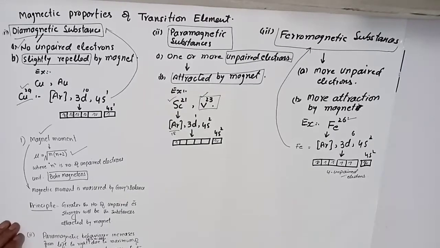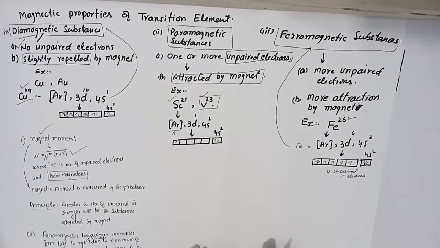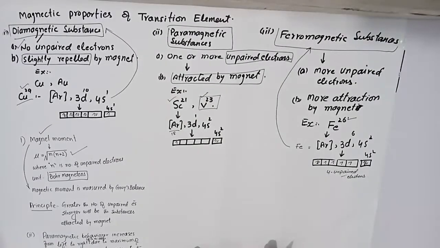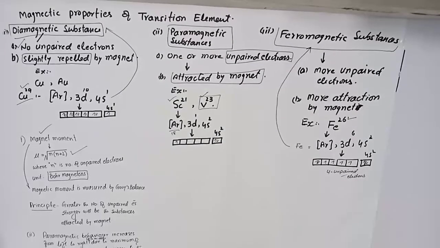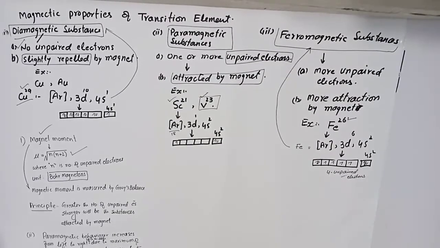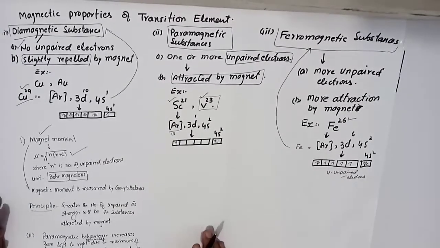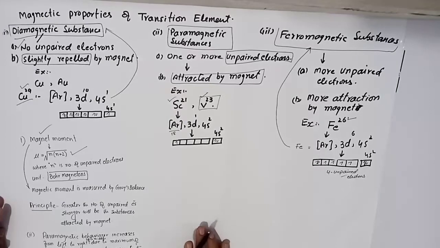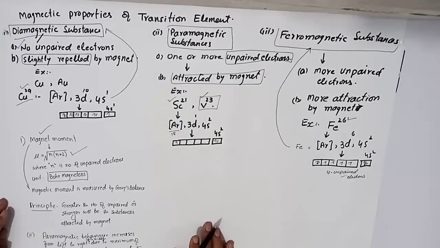Now it should be clear to you that paramagnetic behavior increases from left to right up to the middle due to the maximum number of unpaired electrons, and then decreases to the minimum number of unpaired electrons and then becomes 0 at zinc. So there is no magnetic property of zinc.